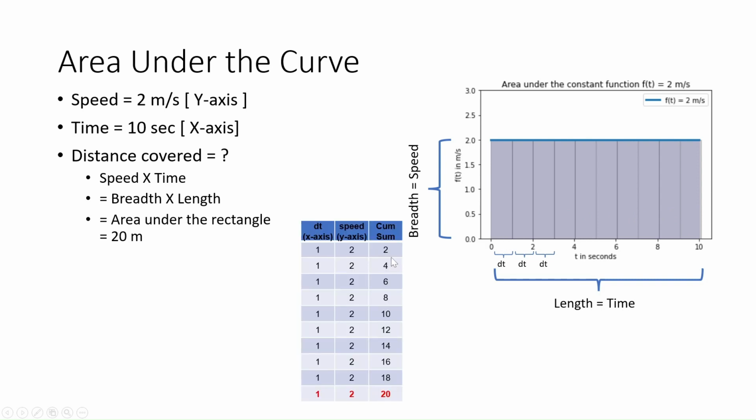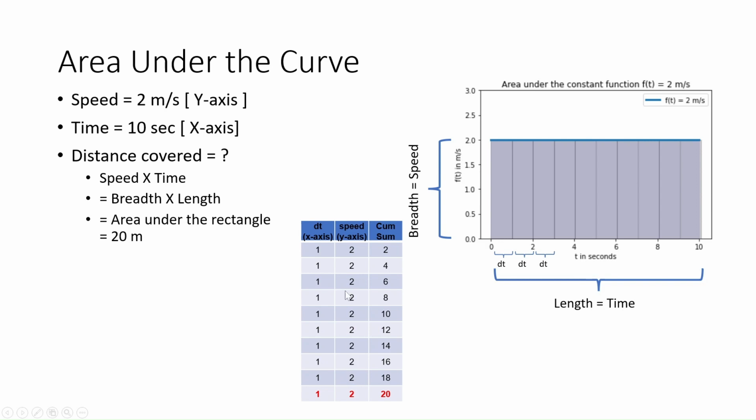This table depicts the same exercise. The first column, the dt column, is the time slice, and each time slice is 1 second. This column is the y-axis, which depicts the speed. At every time increment, the speed remains constant: at the first increment it is 2, then again it's 2, and so on. That's why so many 2's are appearing in this column.